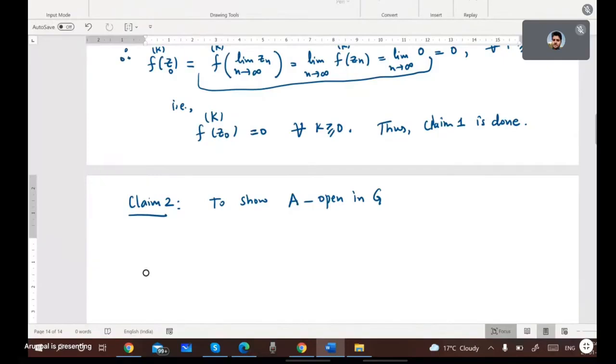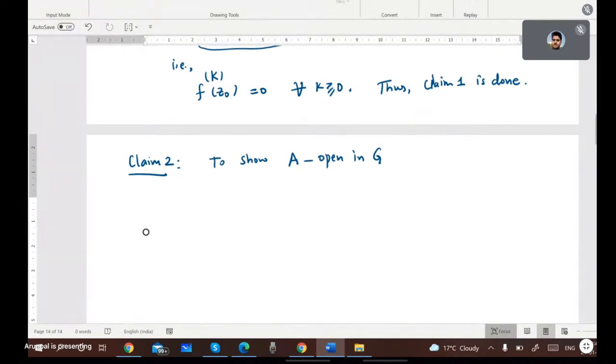And to show that A is open in G class, I simply need to show that if I take an arbitrary element in A, then there exists some neighborhood of A. It means some upper bound around A having some radius.